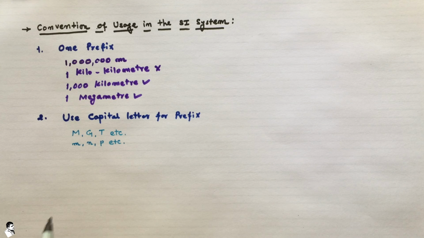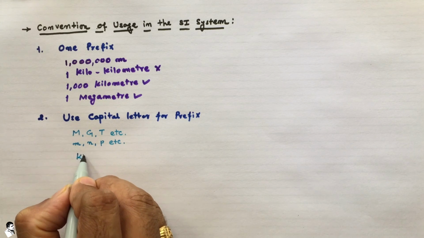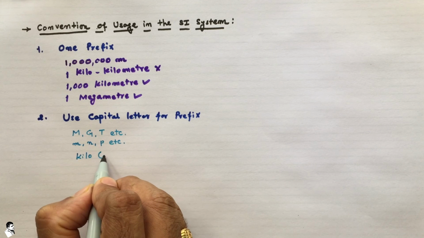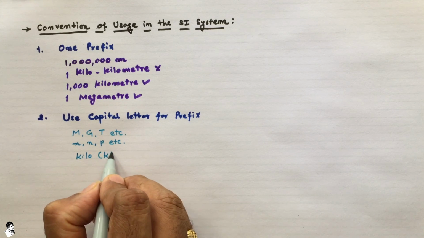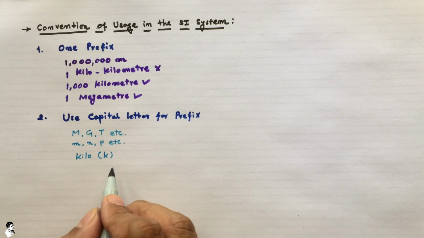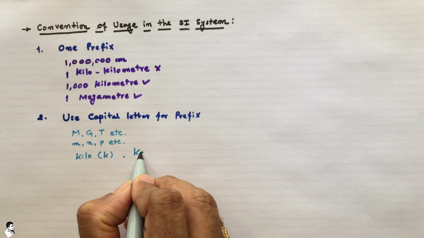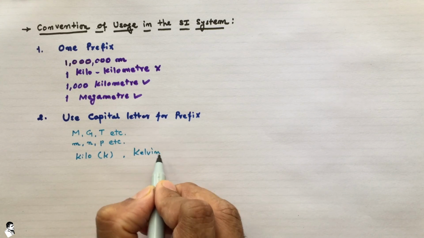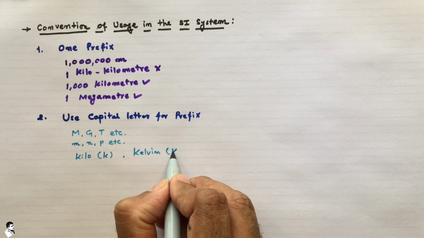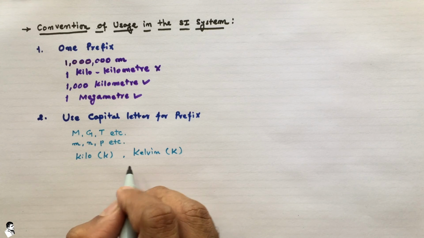There is one exception to this, which is kilo, written with a small k. To avoid confusion with Kelvin, for which we generally use a capital K, it is written in small letter.